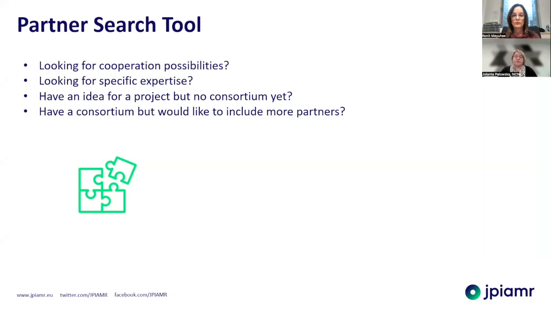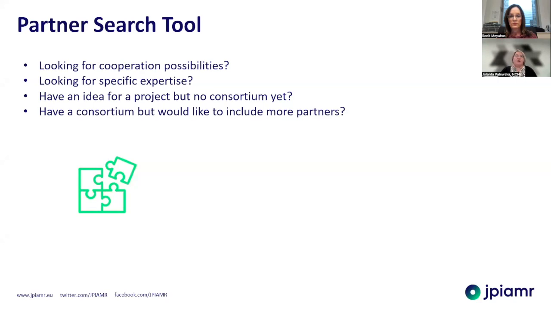So the first thing that we have to look at is that after you have read the call text or the call announcement, you probably have a number of questions. We have just heard about the eligibility of the consortia. So what you might be asking yourself at this point is, how do I find cooperation possibilities?